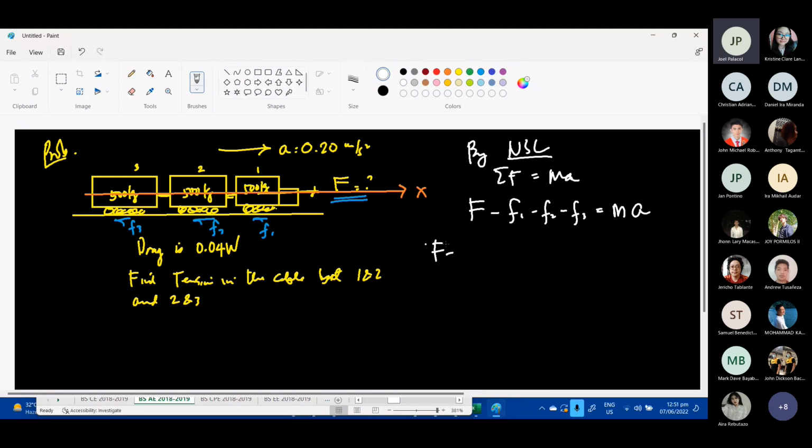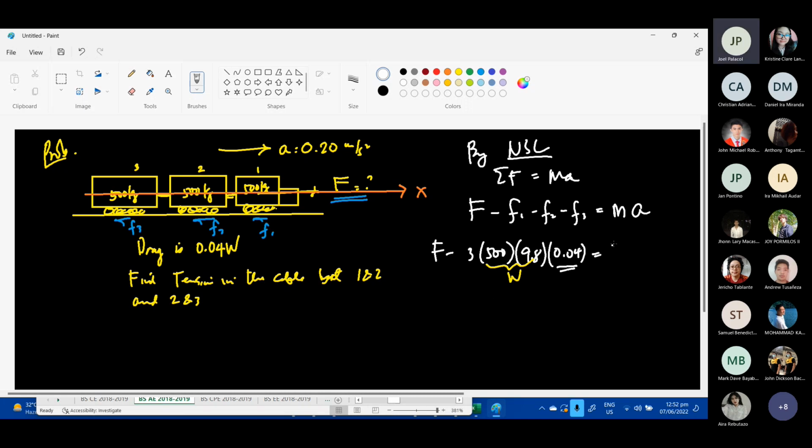Each has a mass of 500 kilograms. So that is simply 3 times 500 kilograms times 9.8, the weight of each car multiplied by 3, multiplied by the factor 0.04.